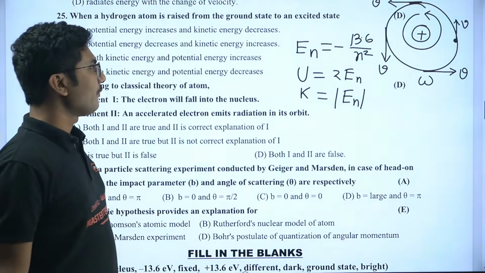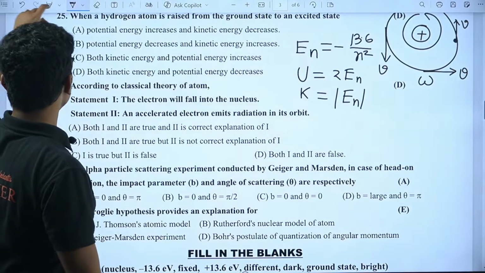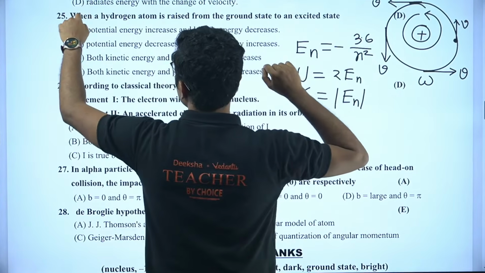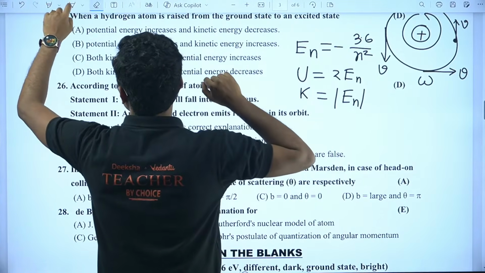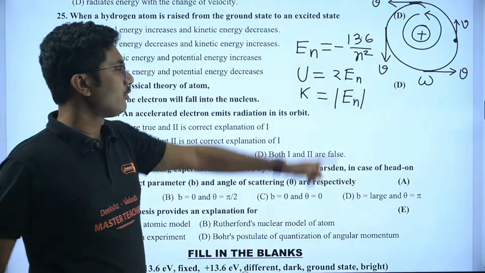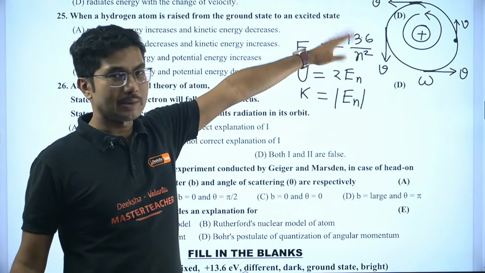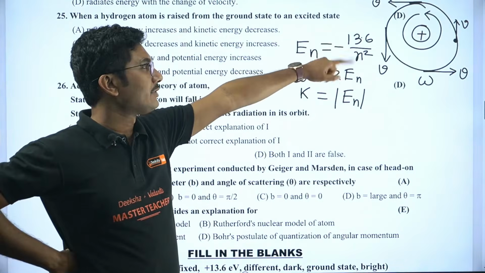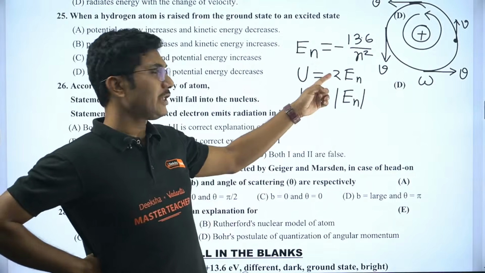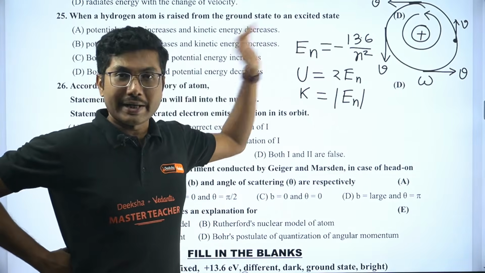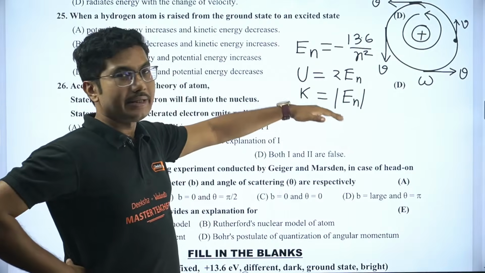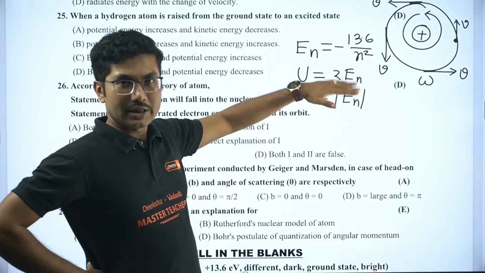Now if an electron jumps from a lower orbit, say n equals 1, to n equals 5, the division is more. Initially it was 13.6 by 1, now it is 13.6 by 25. So kinetic energy is decreasing, but potential energy was more negative before, now it is less negative. Because the negativity is decreasing, potential energy is increasing.